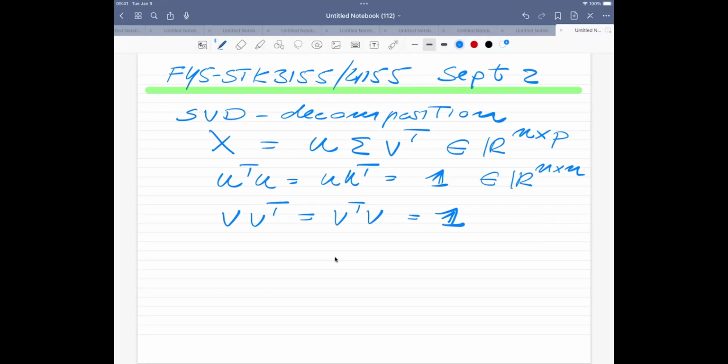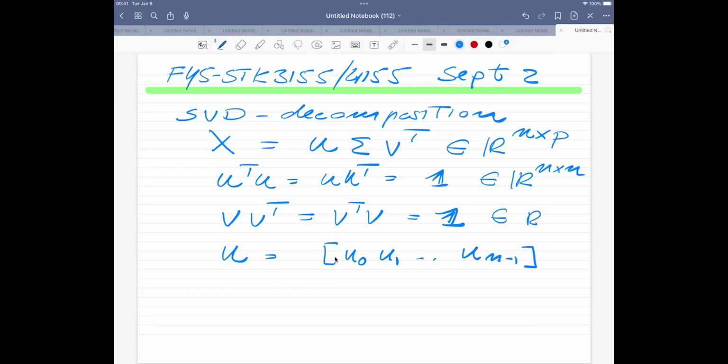And what we have then is that the matrix U can be written out in terms of orthogonal column vectors. So these are now vectors, even if they have a subscript, U_0 up to U_{n-1}.